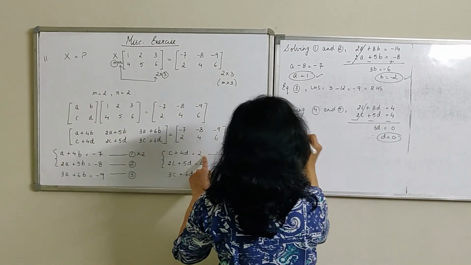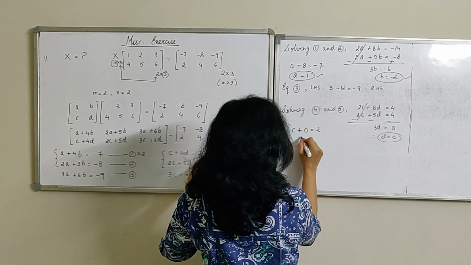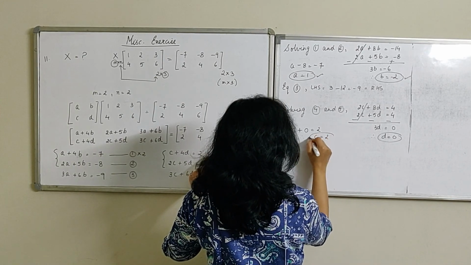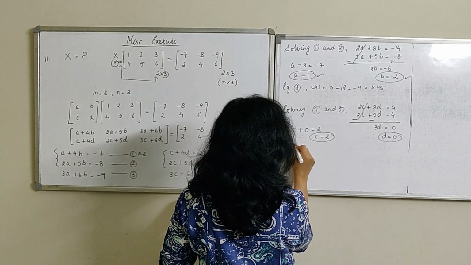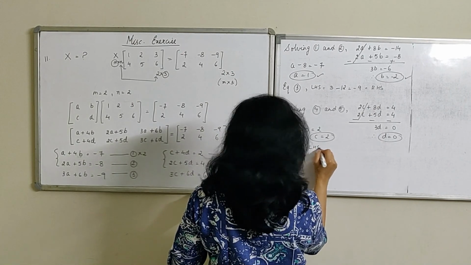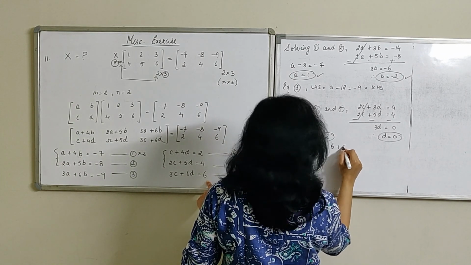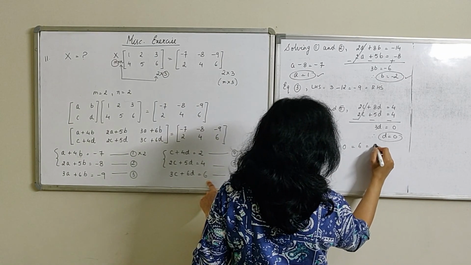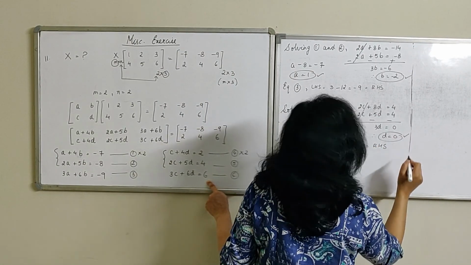Substituting D in the fourth equation, C plus 4D is 2 and therefore we obtain C is equal to 2. And for cross checking, let us substitute these values in equation 6. The left hand side is 3C, which is 6, plus 6D, which is 0, and this is equal to right hand side. So we know we have found values of C and D correctly.